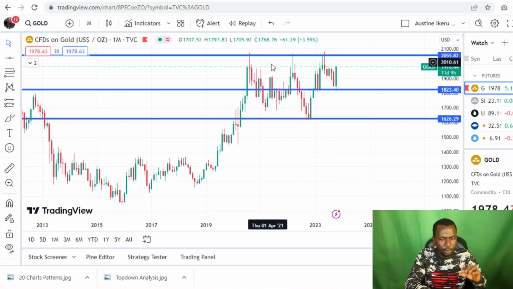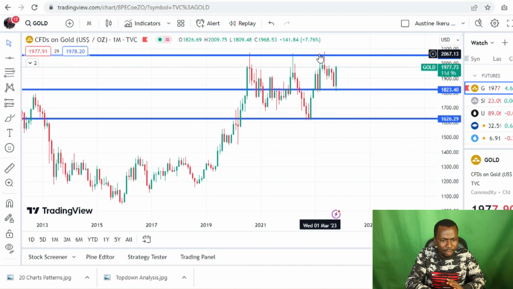That is what we understand now, because the market is stuck in a box, right? So this is the highest high of the market, that is the major resistance level, and this is the lowest, right? That is the major support level, and this is the minor support level.